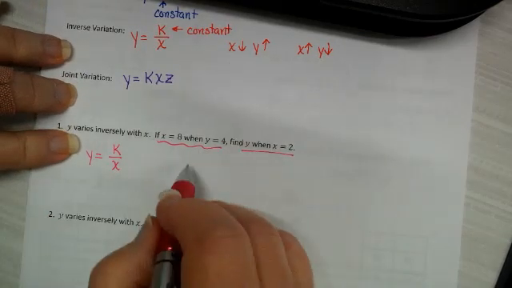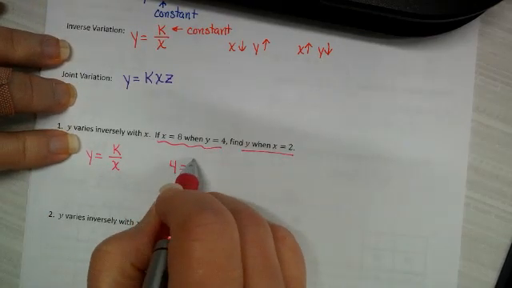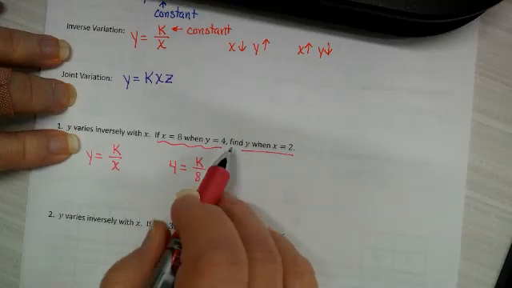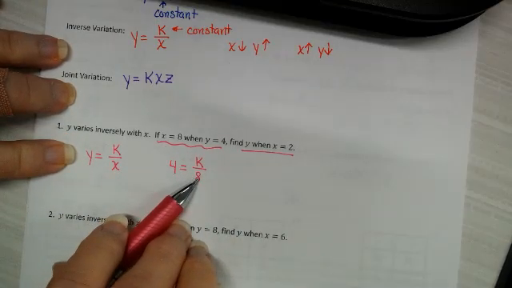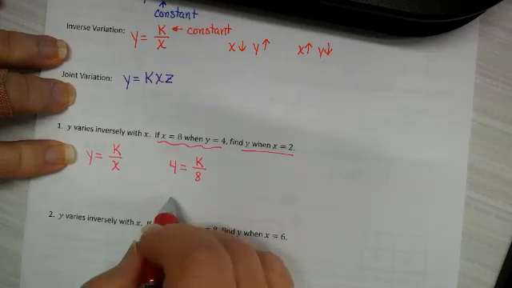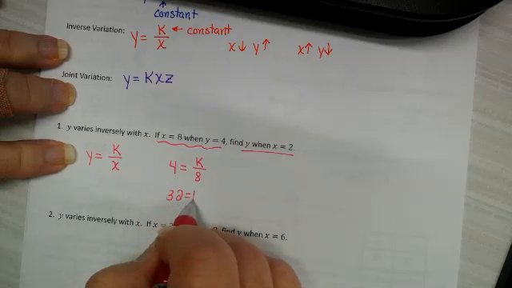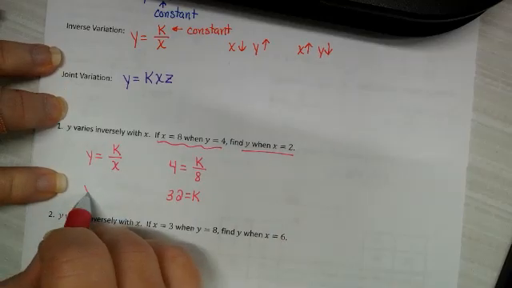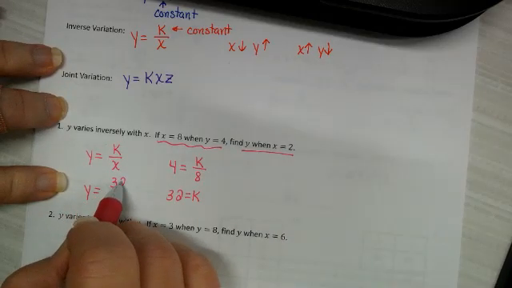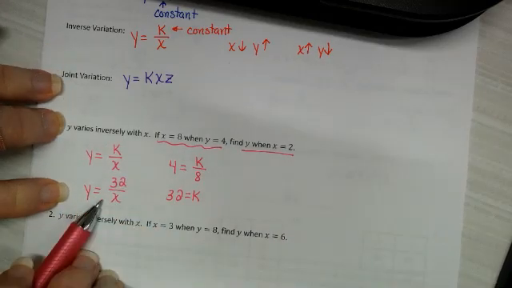If x is 8 when y is 4, I'll plug in 4 for y, 8 for x, and solve for k. So in this case, I multiply both sides by 8 and get k is 32. So my equation that I'm going to use is y equals 32 over x.